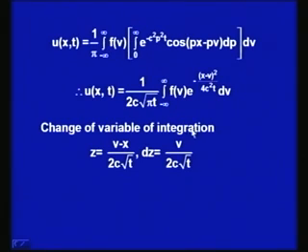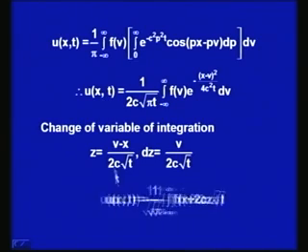The thing which will matter is, since this integral is with respect to v, dz is equal to dv upon 2c square root t. If I change this variable of integration, as v approaches minus infinity, z will also approach minus infinity, because all others are constant. Similarly, as v approaches plus infinity, z will also approach plus infinity.